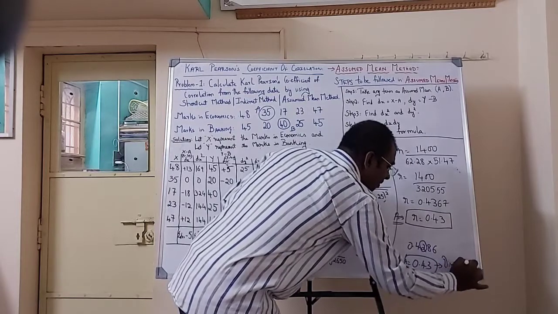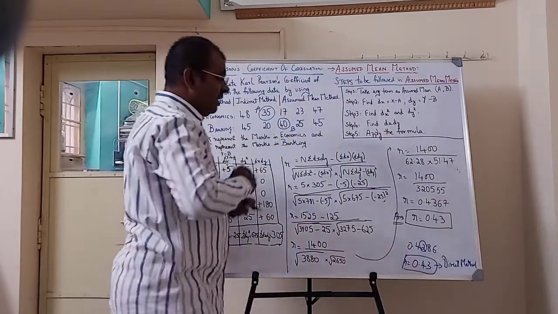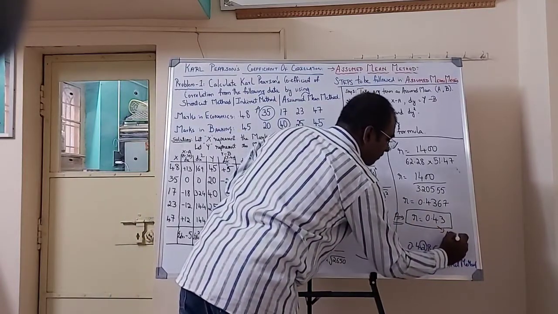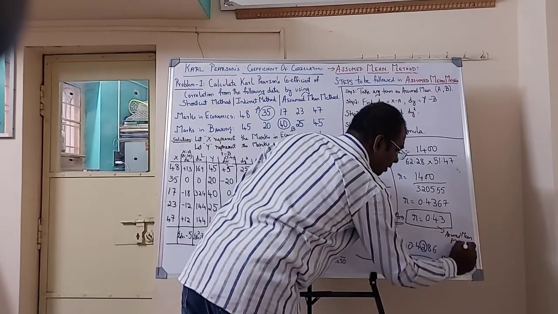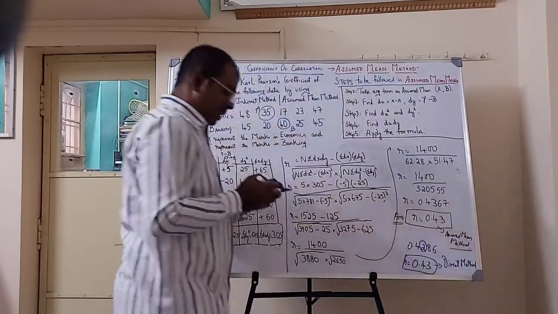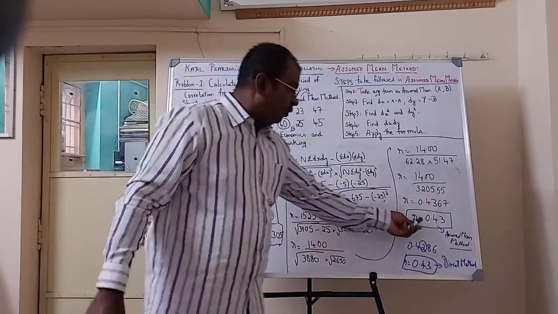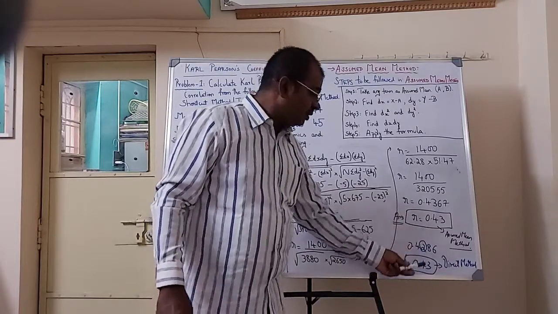The direct method. Now, what is the final answer in the case of the assumed mean method? If you observe, again the value of correlation is 0.43, and in the actual method also the answer is 0.43.